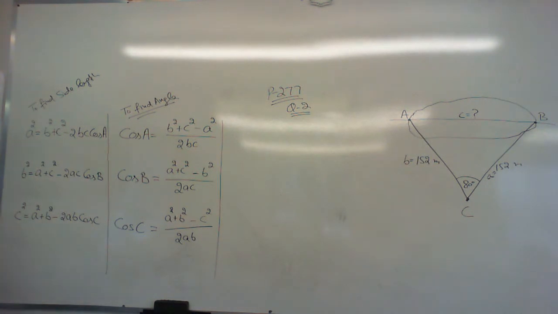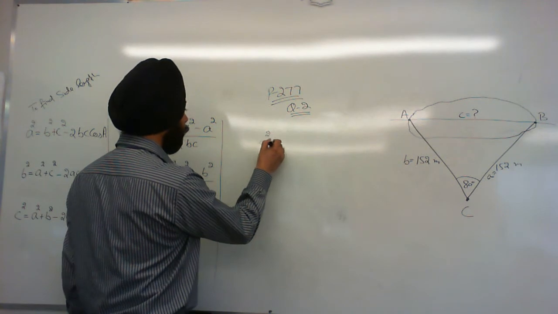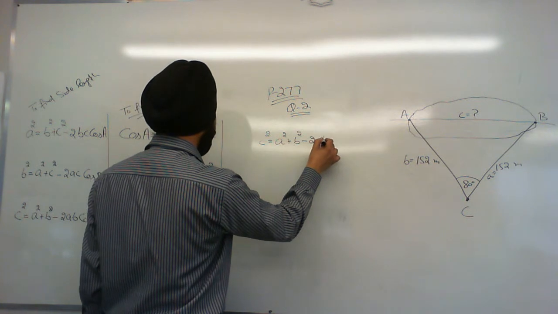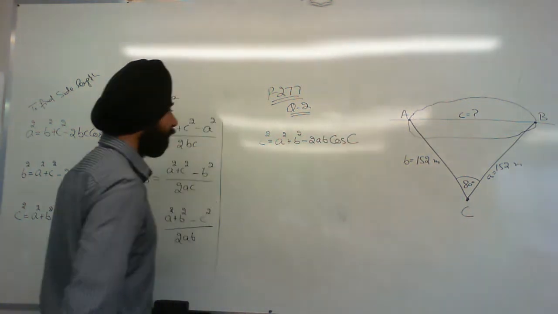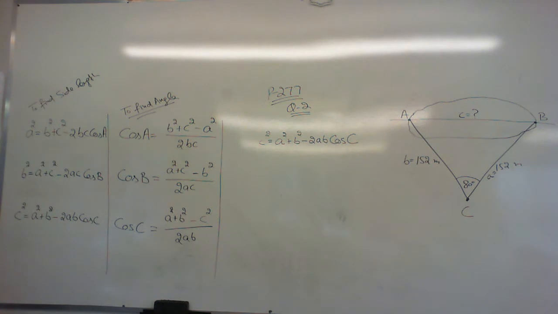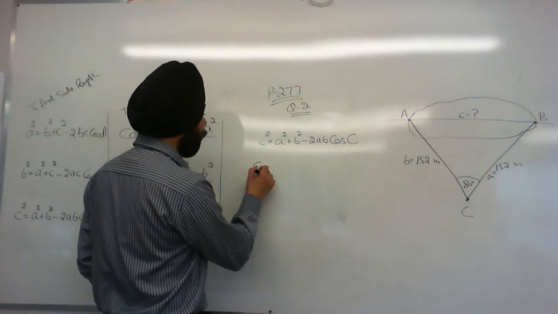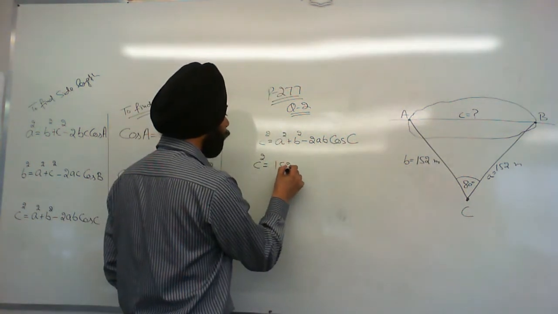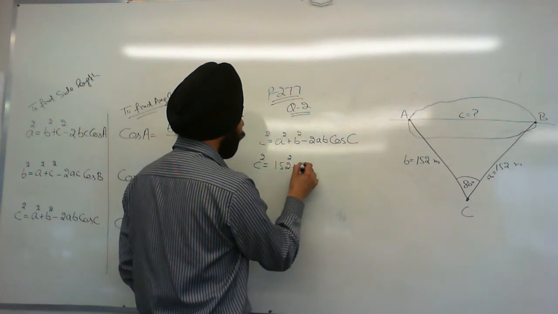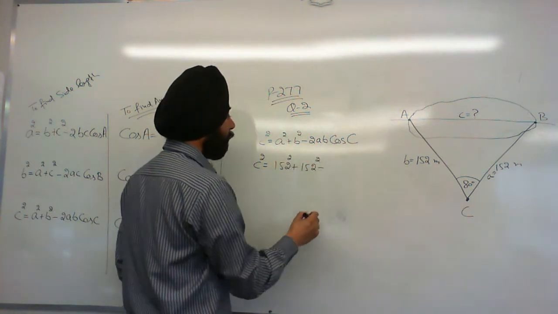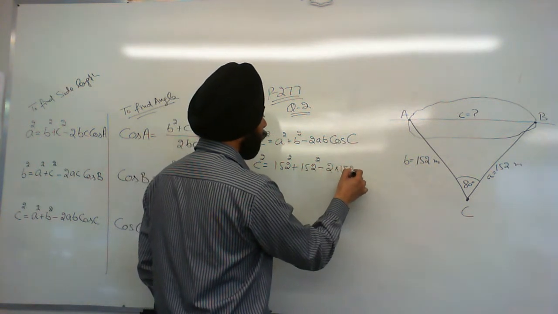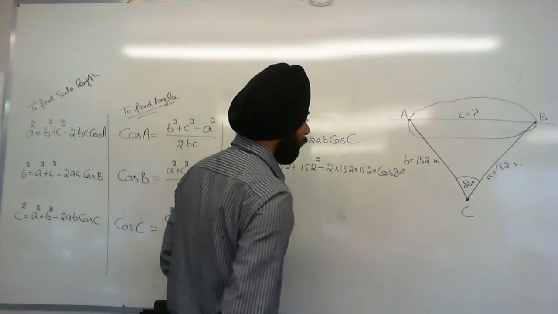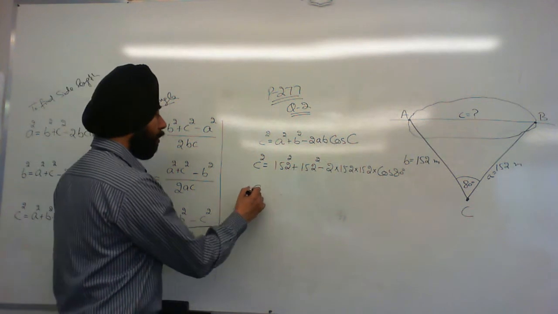So rewrite this formula: c square is equal to a square plus b square minus 2ab cos of angle C. And then put in the values. c square is equal to a is given as 152 square, plus b is also 152 square, minus 2 times 152 times 152 times cos of 80 degrees, because angle C is 80 degrees. You can solve this to find c square.